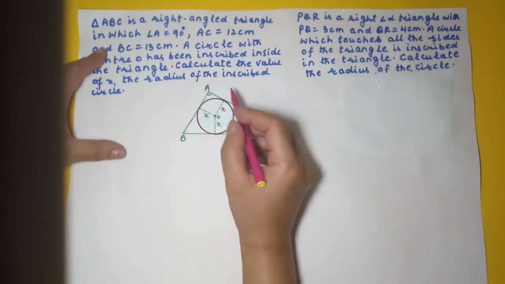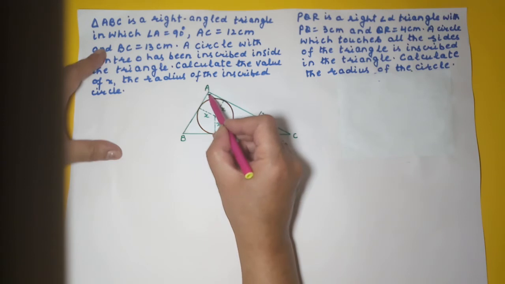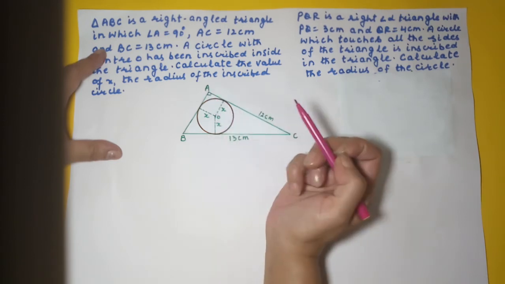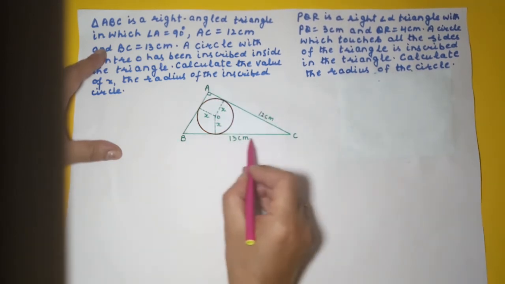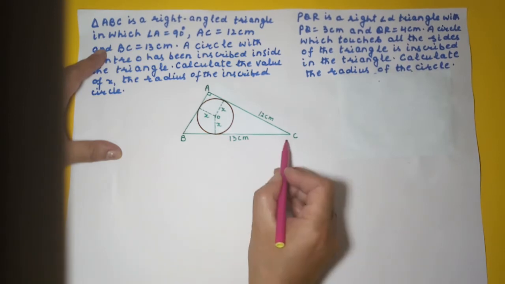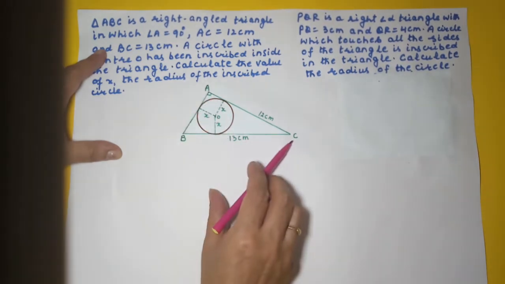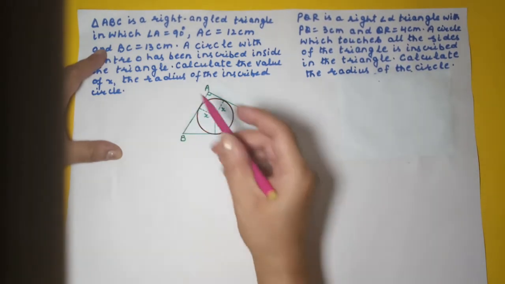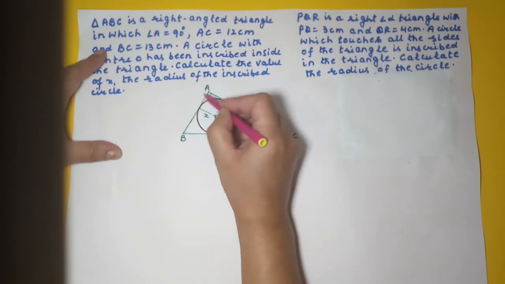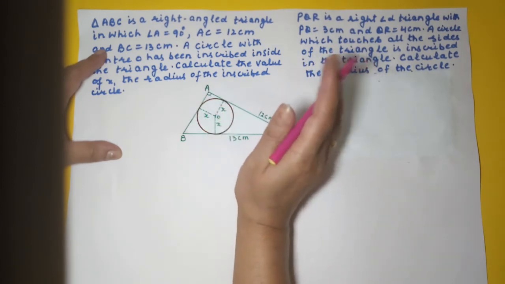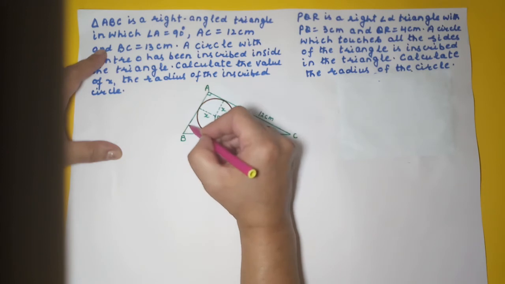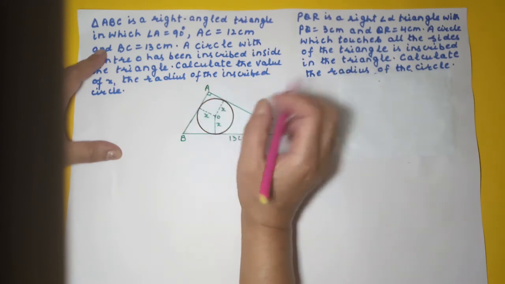Now, it is given that this angle A is 90 degrees, and it's also given that BC is 13 and AC is 12. So, by Pythagoras theorem, we will be in a position to calculate this AB. Fine. So, once we have calculated AB, we'll keep the value as it is.